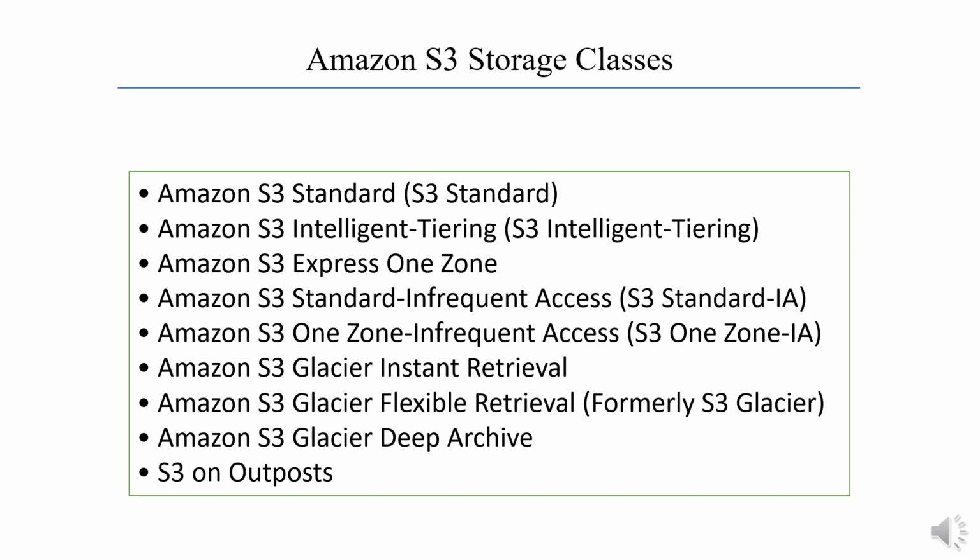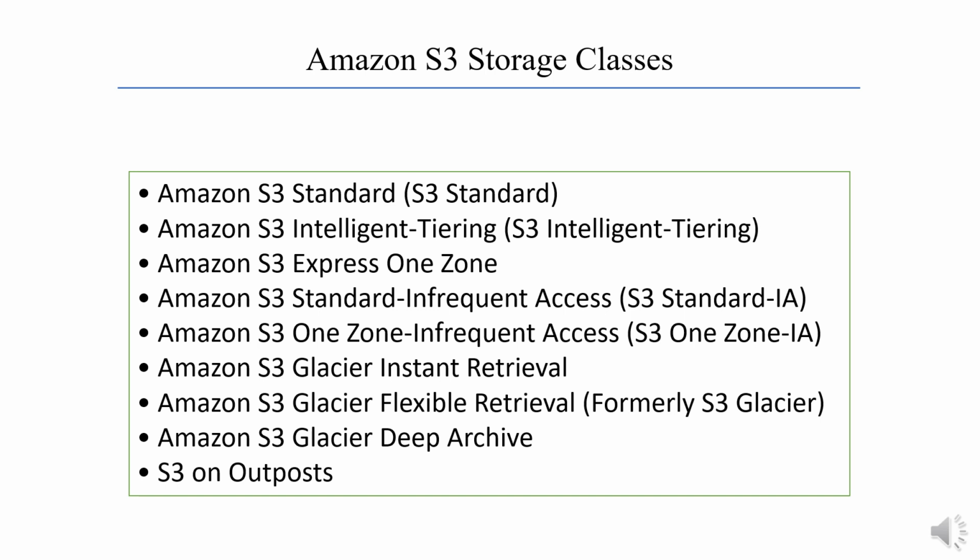Amazon S3 Standard. Amazon S3 Standard is a general-purpose storage for frequently accessed data. It offers low latency, high durability, availability, and performance. S3 Standard is appropriate for a wide variety of use cases, including cloud applications, dynamic websites, content distribution, mobile and gaming applications, and big data analytics.